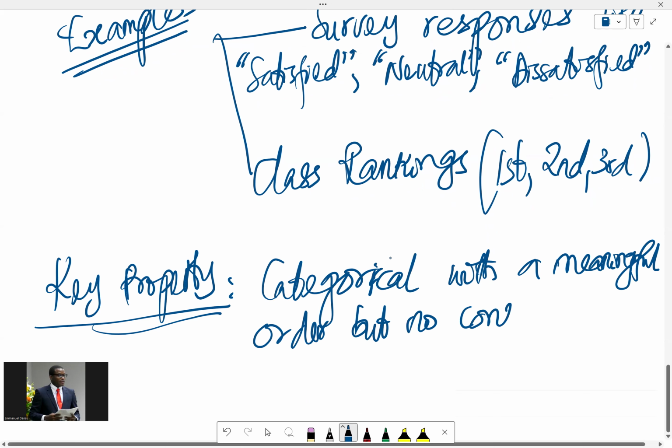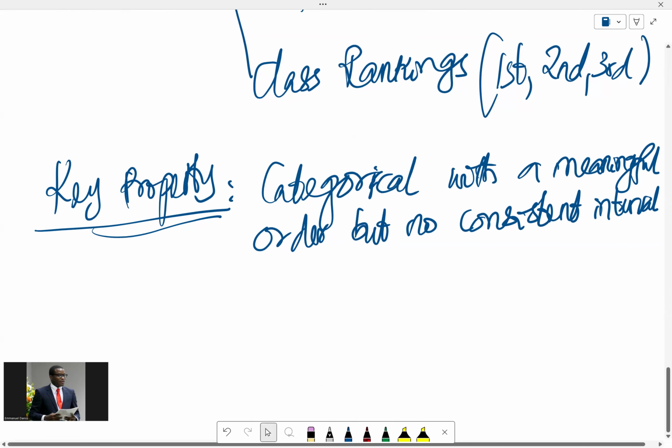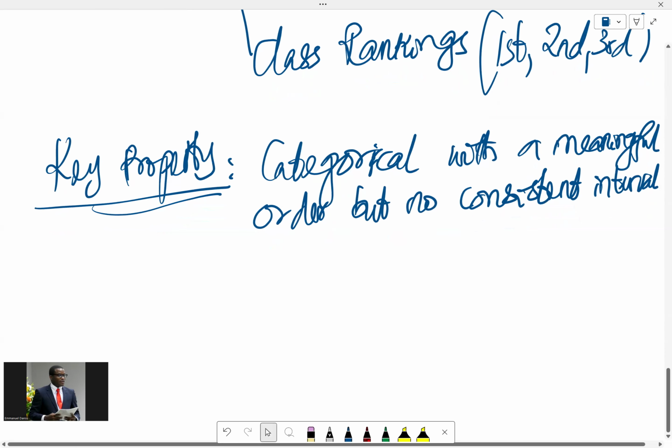A consistent interval would have been something like, okay, the first person scores 98, the next person should score 10 less than that, that's like 88, the third person scores 78, but you don't have power over that. That is why it is ordinal, right? So the first is better than second for sure, and the second is better than third. But the extent to which first is better than second or second is better than third is not consequential. It is not an issue in the case of ordinal scale.